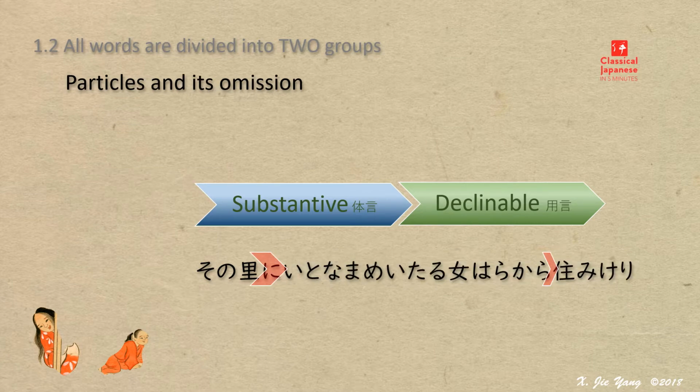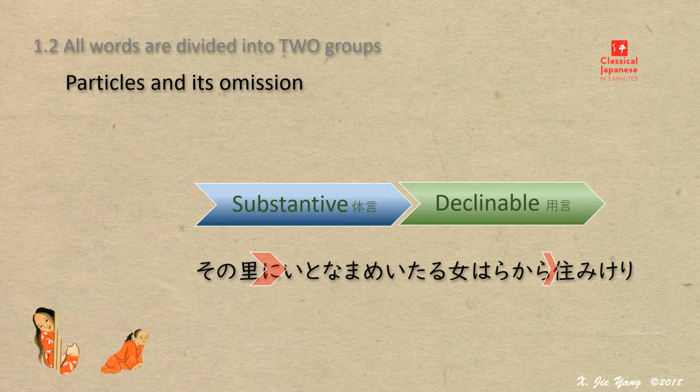If we focus more on details in a sentence, in this case, if we pay attention to the use of particles, you may find that in some cases, such as sono sato ni, the usage is exactly the same as in contemporary Japanese.